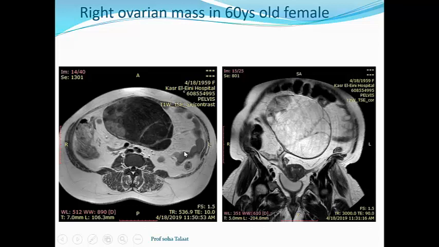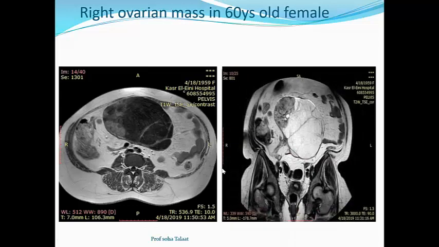This mass, solid, cystic, or complex? It is a complex mass with solid component, thick enhancing septi, so it is towards malignancy more. Then we have to answer unilateral or bilateral. This is the traction on the lesion, and the ovarian vein is pushed up with the mass.